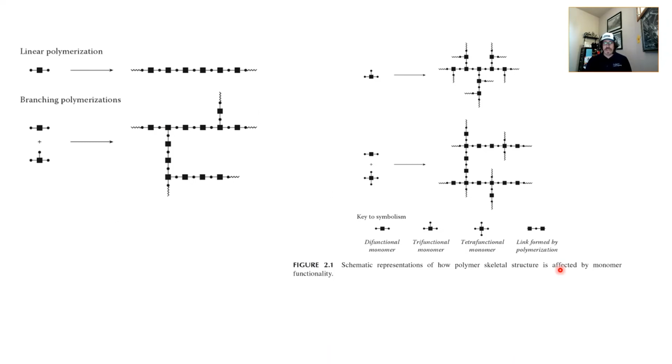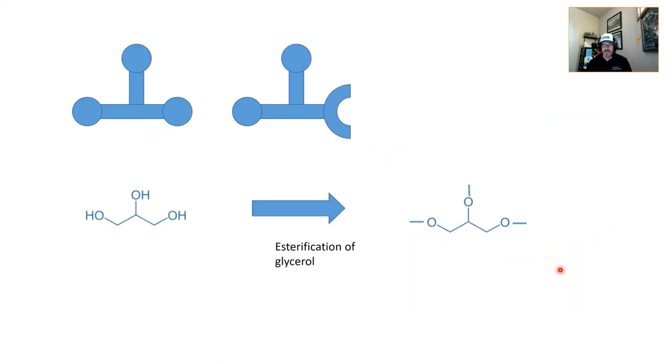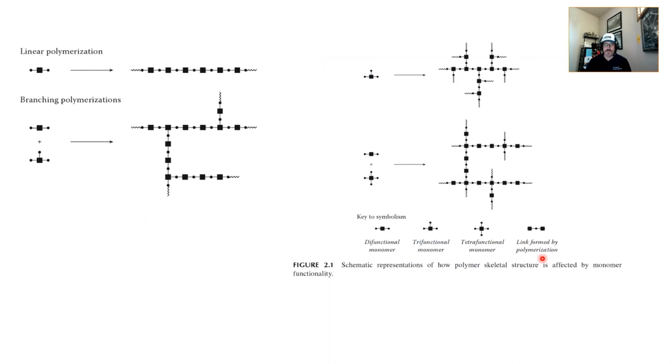Here's a schematic representation of how it polymerizes, as you may guess. This is going to make a chain, but this is going to make something else. This is going to make some sort of branchy structure, is it not? Because you can link up on three different points. And this table is from the Young and Lovell book. So you have linear polymerizations and branching polymerizations.